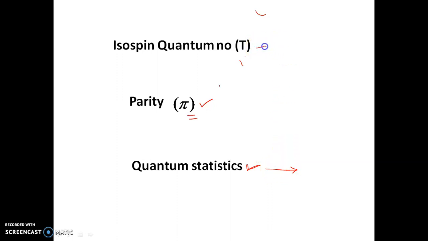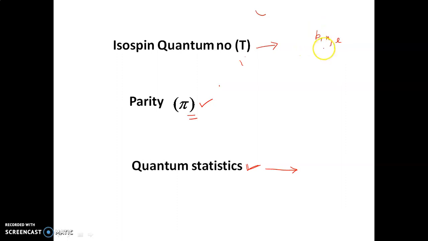The isospin quantum number is something that differentiates a proton and a neutron. It was first designated to show the difference between a proton and a neutron, but later, as you must be aware, there are more than 100 elementary particles, not just the proton, neutron and the electron.